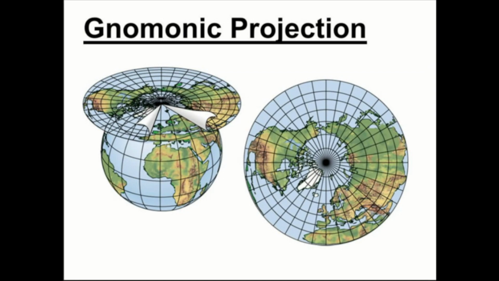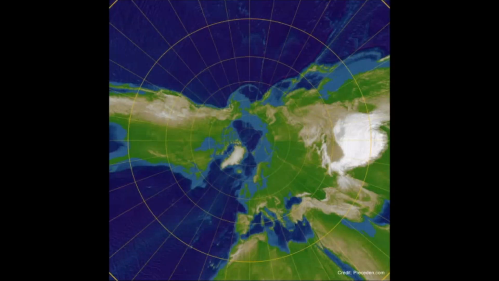When looking at them, the central point is very true to life. The shapes are preserved, the sizes are preserved, but as we get further away from that point, the shapes become very distorted. So here you may not be even able to tell, but we are looking at the North Pole. Greenland sits just down and to the left from that center point.